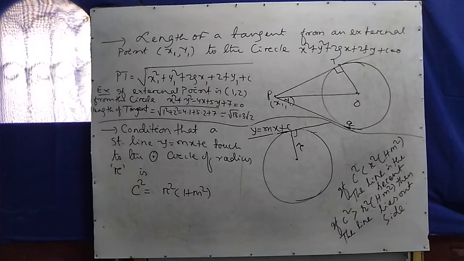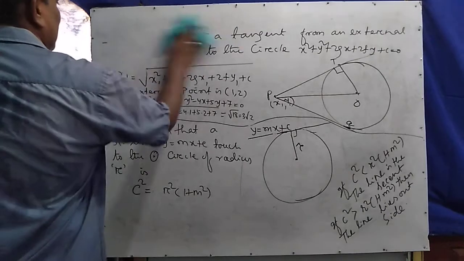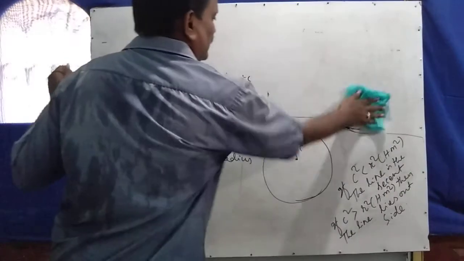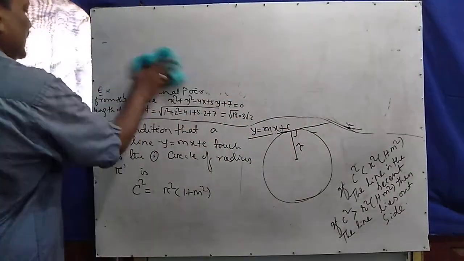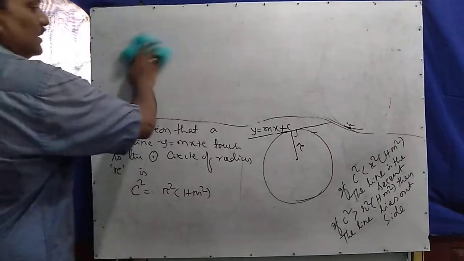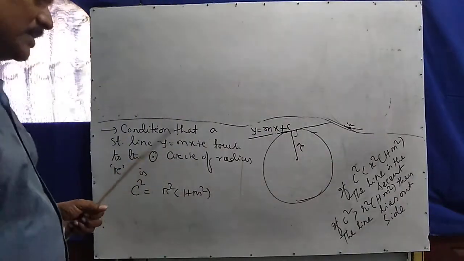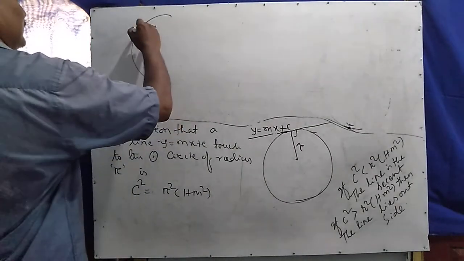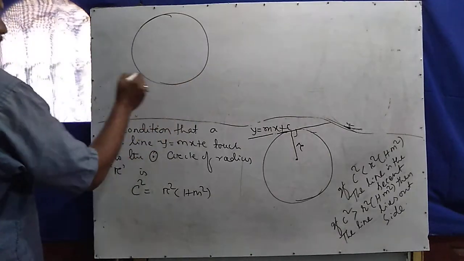So what is the condition? The condition that a line y equal to mx plus c touches the circle. There are so many straight lines. Suppose here is one of the circles given.